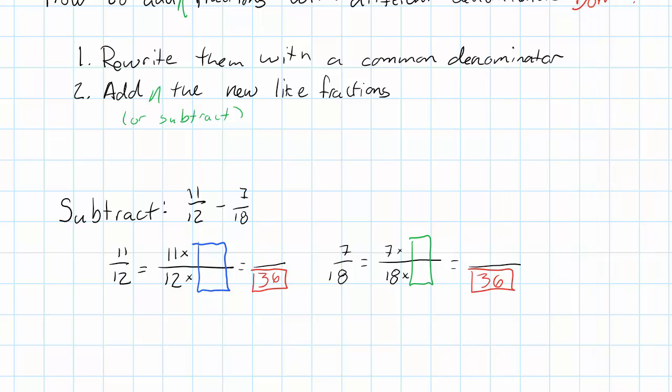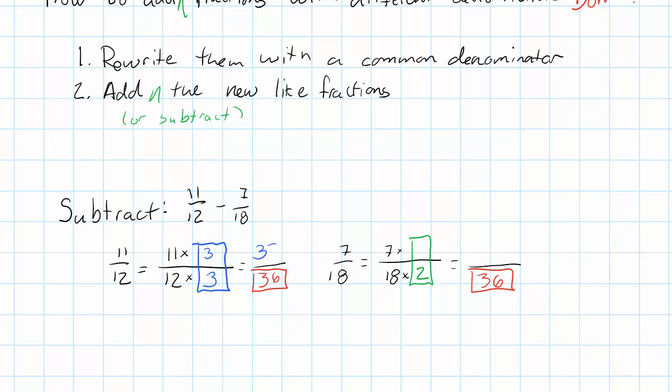Now, I happen to know that 12 times 3 is 36, and that 18 times 2 is 36. If you don't happen to know those off the top of your head, you are welcome to use the calculator to do that division. I multiplied the denominator by 3. I have to multiply the numerator by 3.